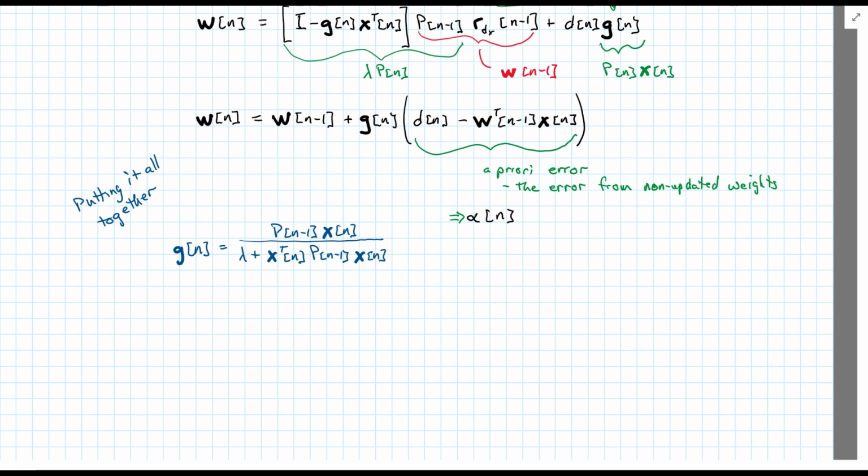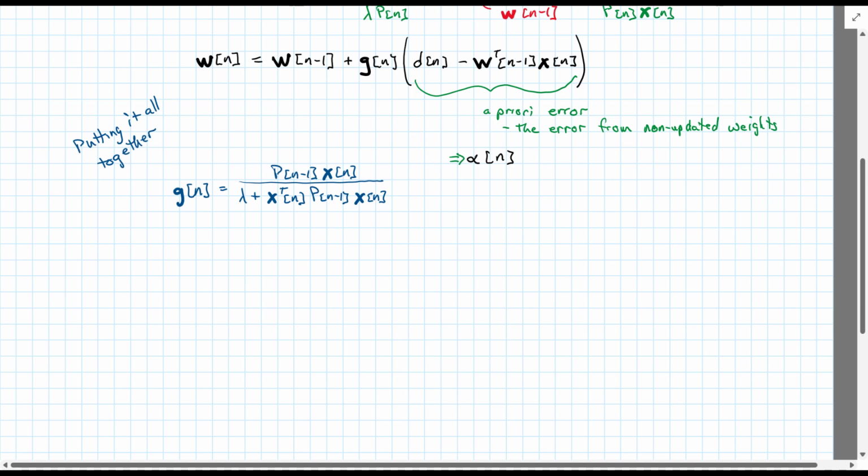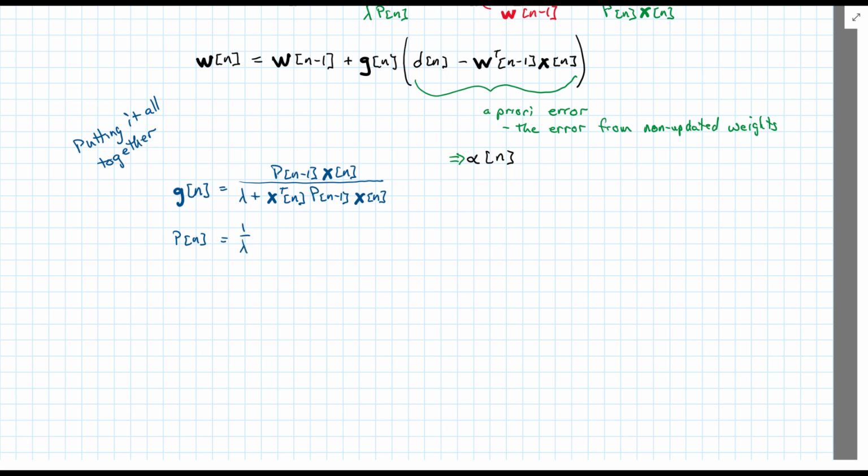And we have our P update. It's equal to 1 over lambda times I minus, and now we can use the G that we have just calculated, multiplying our current signal input and then our previous weight vector.